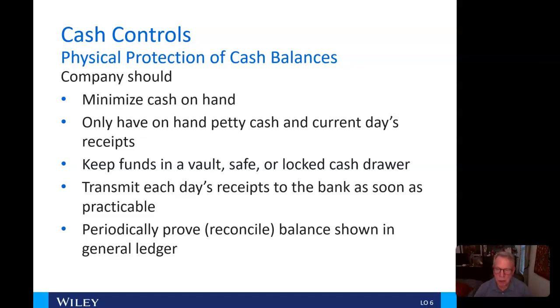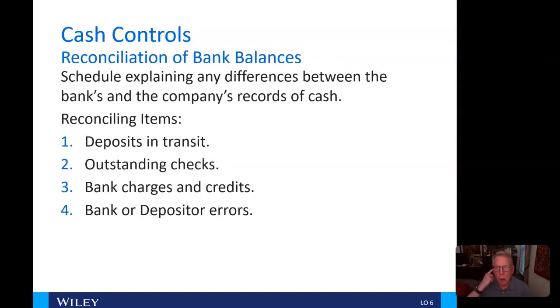Bank reconciliations, very important. We did this in our previous courses, but just to review, we schedule any differences between the bank and the company's records of cash. So our reconciling items are going to be deposits in transit and outstanding checks. Those items are going to be recorded as adjustments on the bank side.